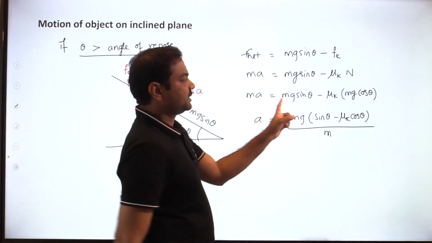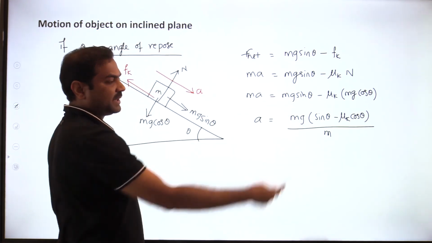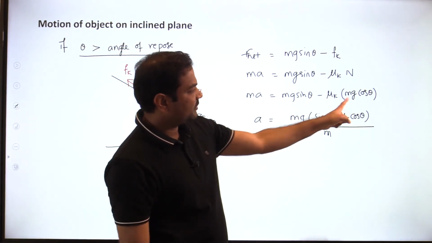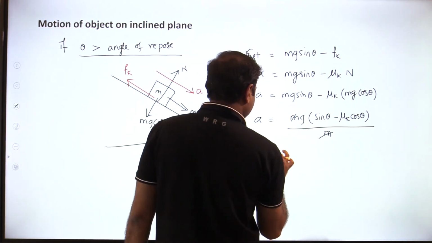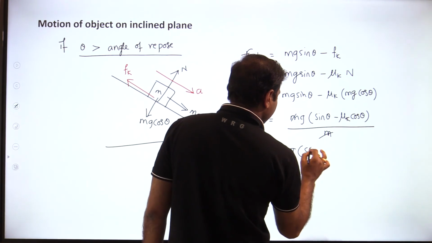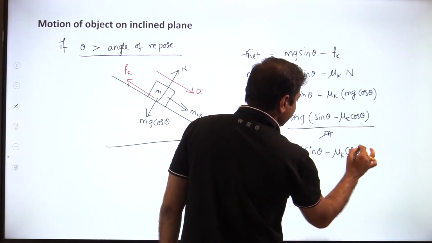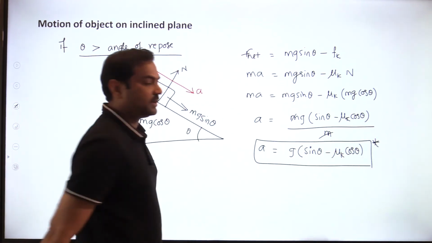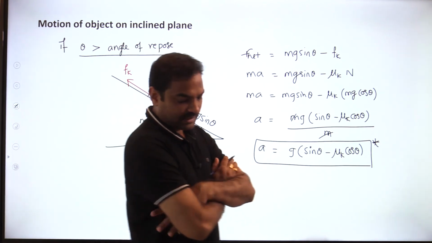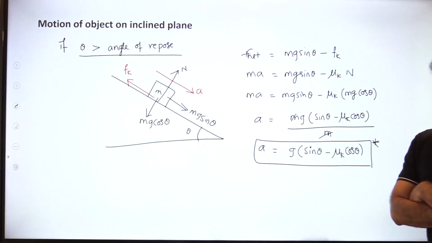In these two terms I took mg common, so sin theta minus mu k cos theta is left, divided by m, then m will cancel out. The acceleration is g into (sin theta minus mu k cos theta). This is the acceleration of the object when the angle of inclination is more than the angle of repose.